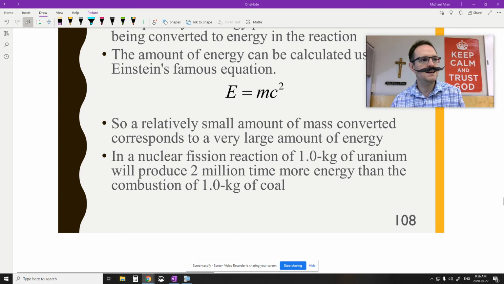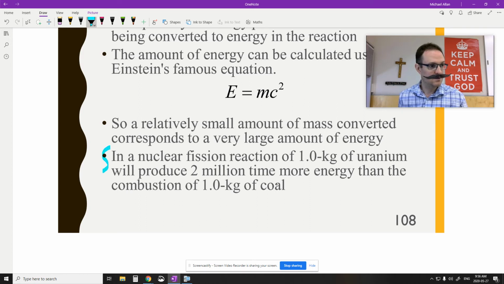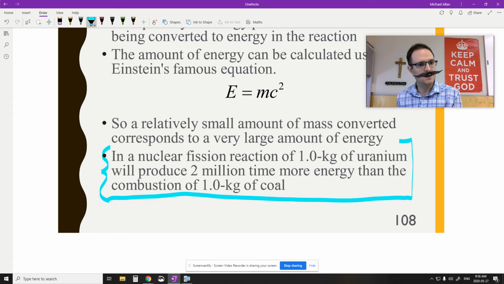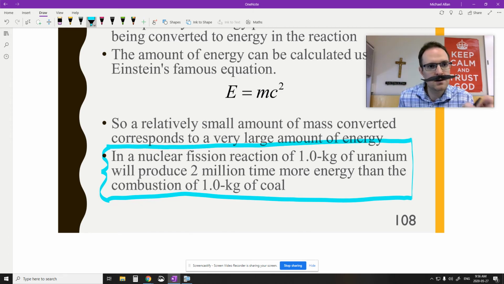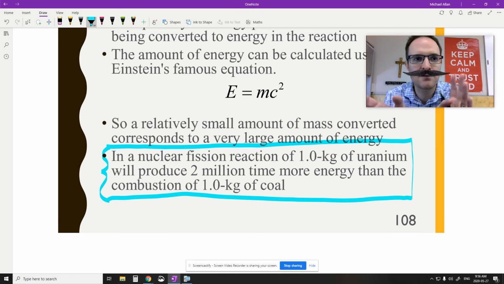Now, a very key thing that we're going to talk about in more depth later, when we talk about fusion, we're going to bring this back up. This is pretty key. The amount of energy released per kilogram, per mass, like some people say pound for pound, right? In this case, mass for mass, because pounds are imperial units.